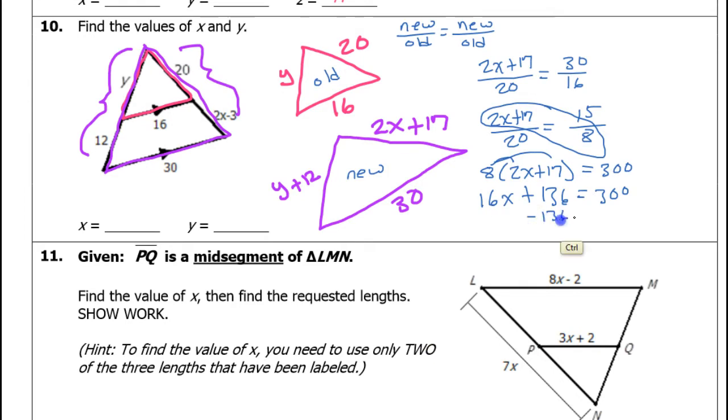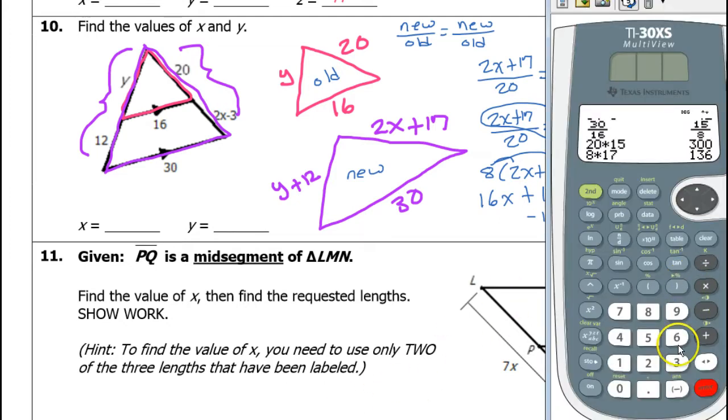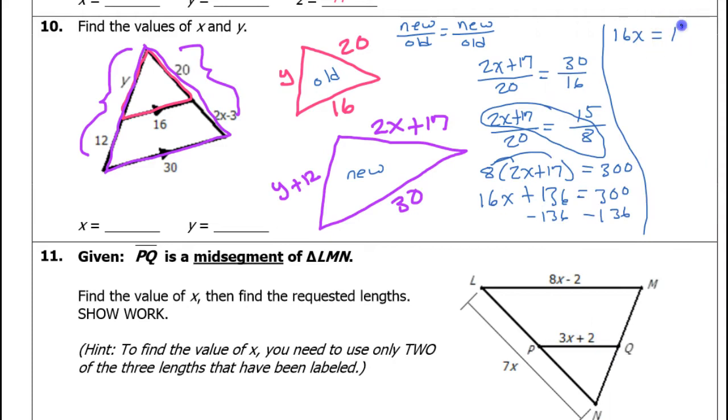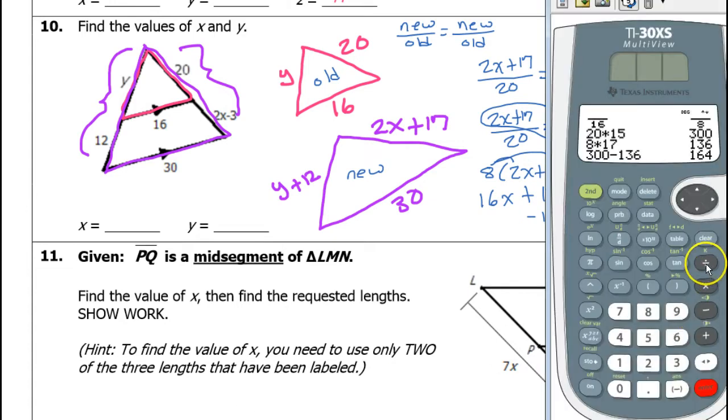Subtracting 136 from both sides, that's going to leave me with 16x is equal to 164, and then I divide both sides by 16. And that's 10.25.